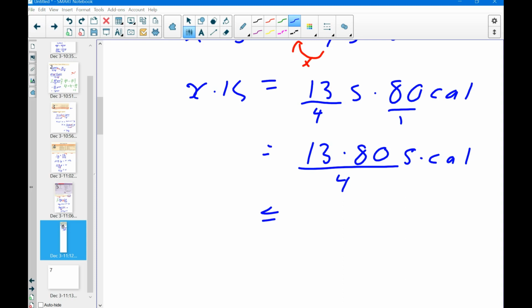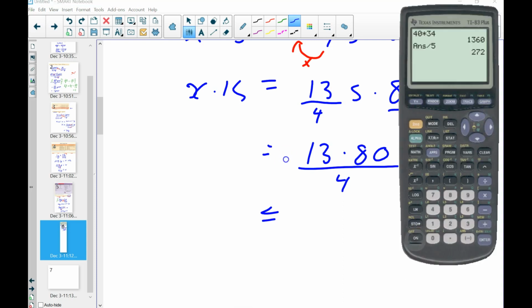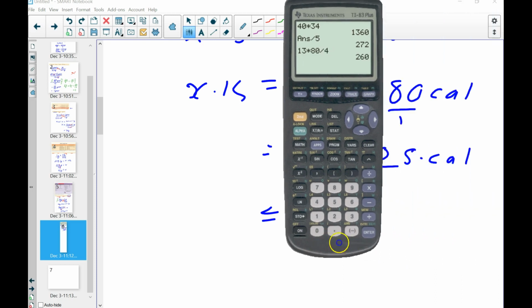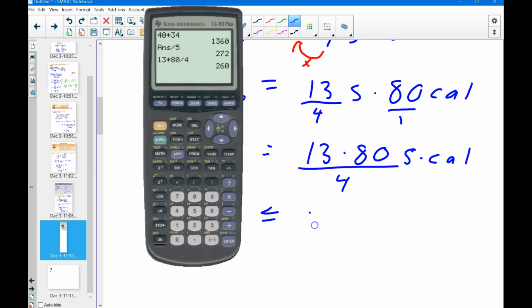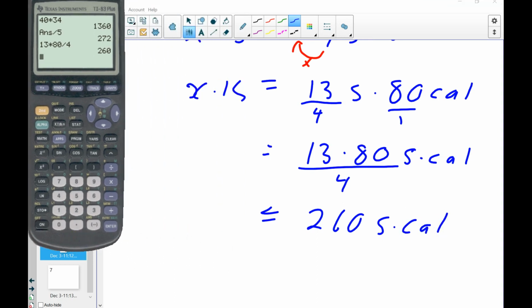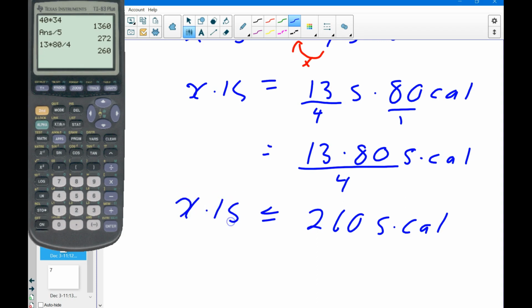So I can put it in a calculator. We're going to have 13 times 80 divided by 4. That's 260. And we have units, servings times calories. But when we take the other side here, we have x times 1 serving.